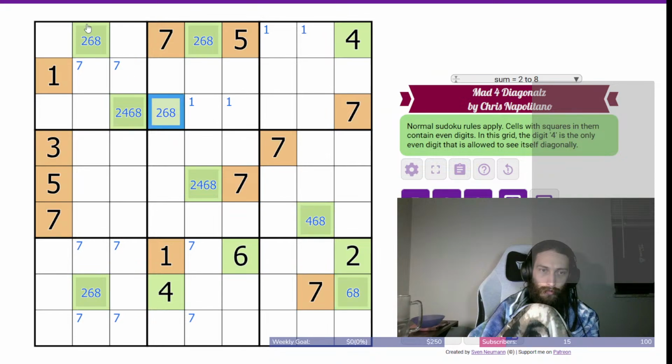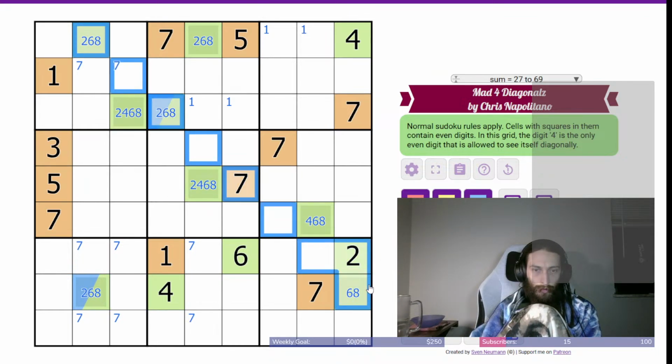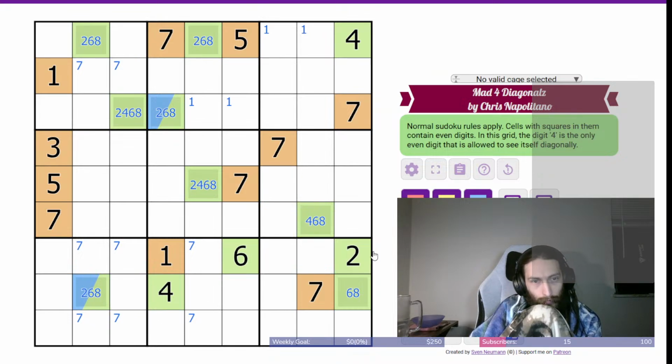Then these 3, since they're not 4, have to be different. Which would imply that these 2 are the same, because this one sees both of those, and that one sees both of those. Right.